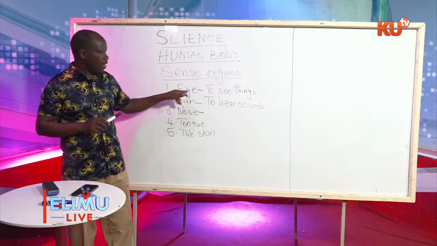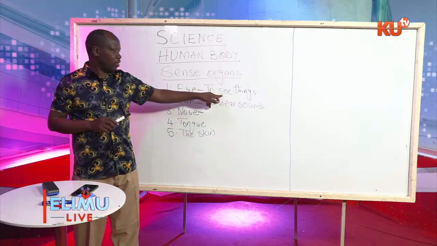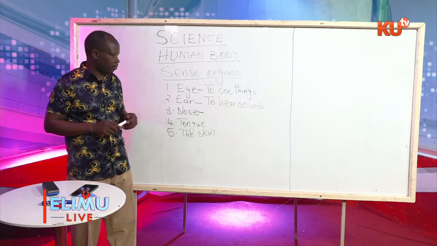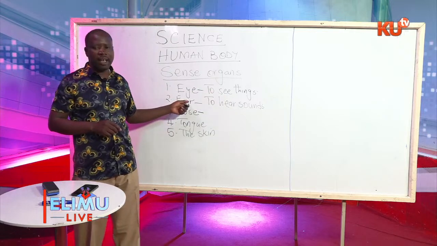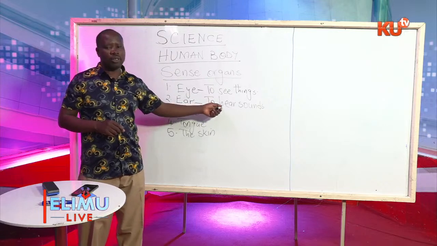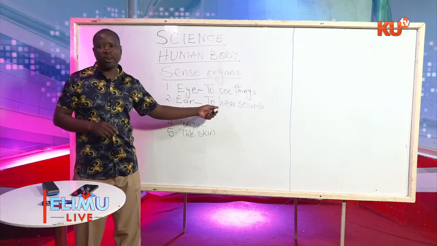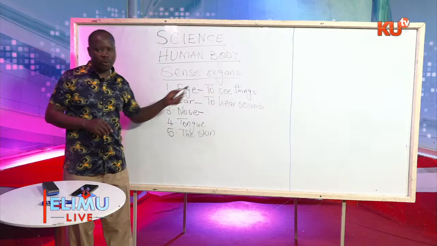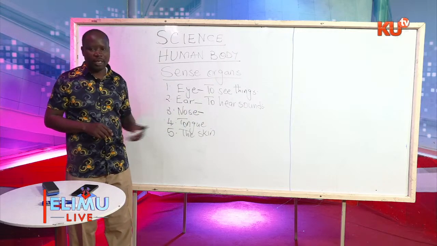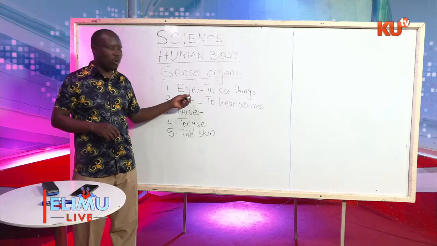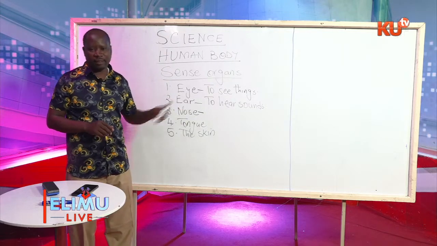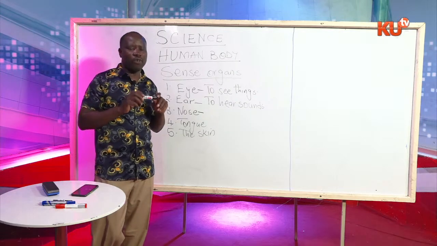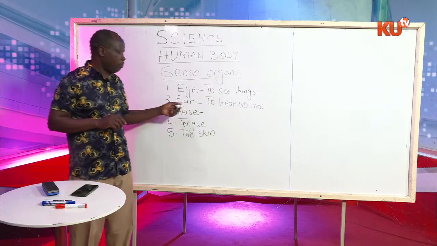If you use your eyes, you will see and know that today my mother has prepared some chapatis. If you use your ear, you can hear them talking that they are preparing or they have prepared. You cannot see what is on the table or in the kitchen. You cannot hear what they are saying. How will you know the type of food that has been prepared?